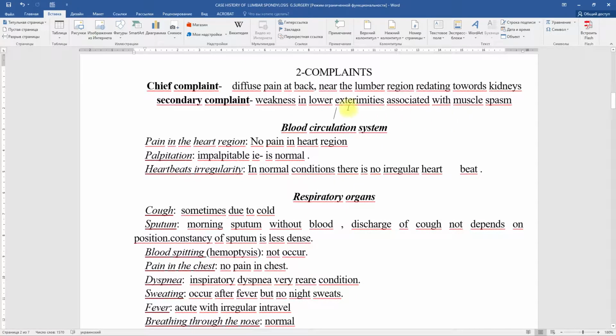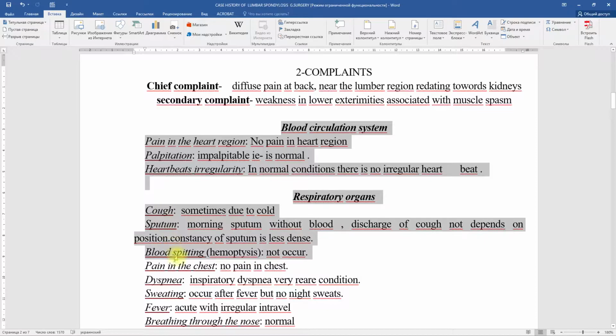That's good. Now here there is a crucial mistake, because this is not what you write down in the second part of case history. This is what goes at the objective.